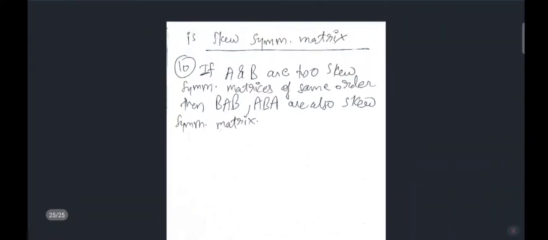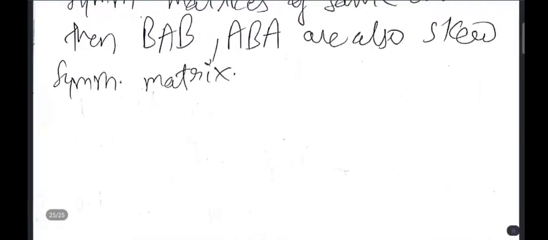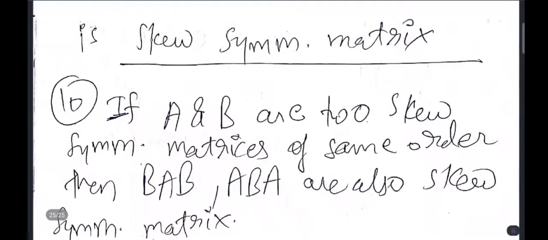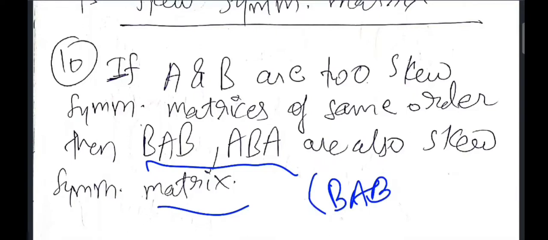Then again, one last thing which has been written without any proof: if A and B are two skew symmetric matrices of the same order, then BAB is also skew symmetric. This is very easy. You take the transpose of BAB, which will come to be B transpose, A transpose, B transpose.